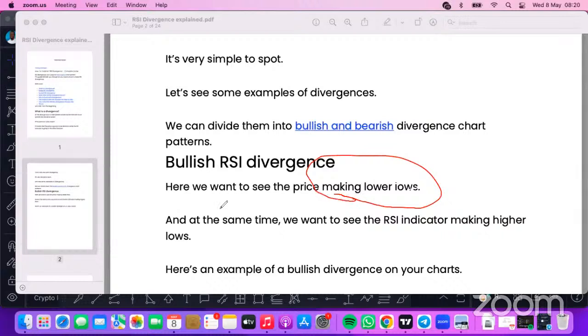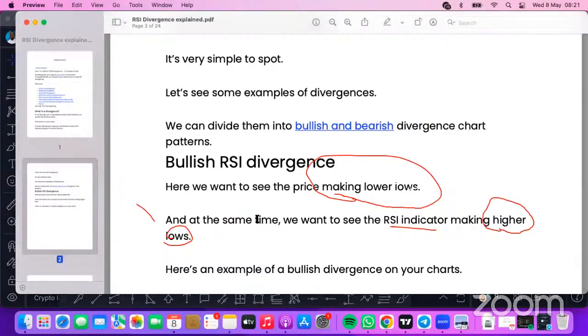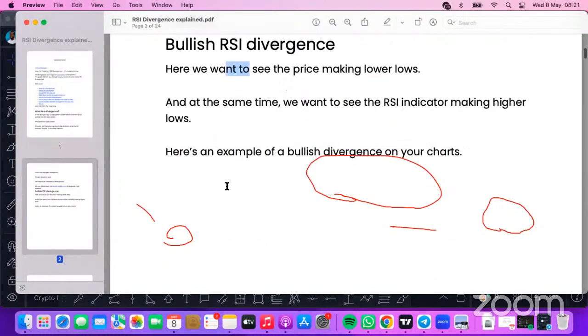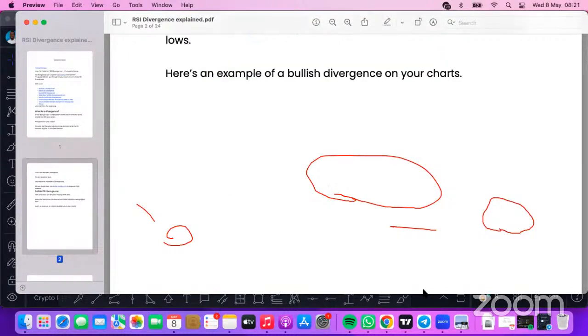That's very important. And at the same time, we want to see the RSI indicator making higher lows. Higher lows. I'm going to show this in the explanation. So how does that happen is what I now want to define. So here is an example.